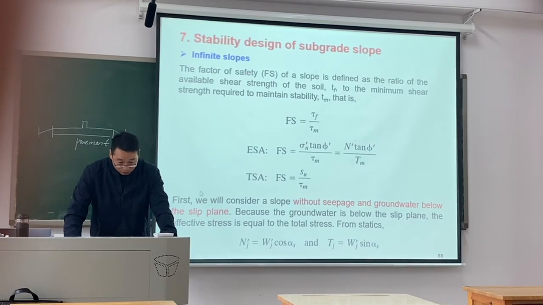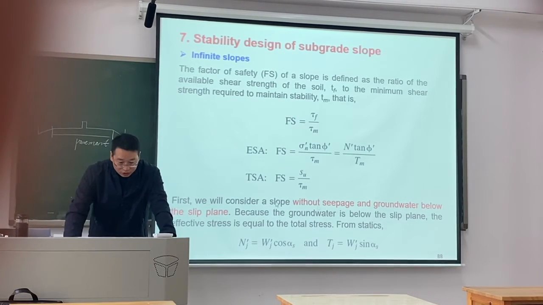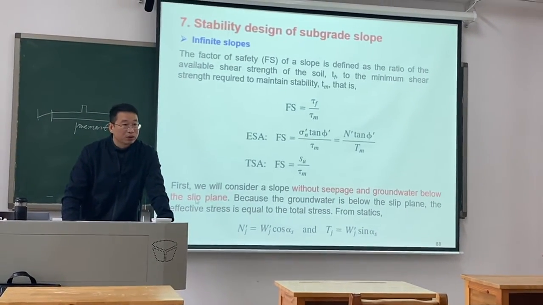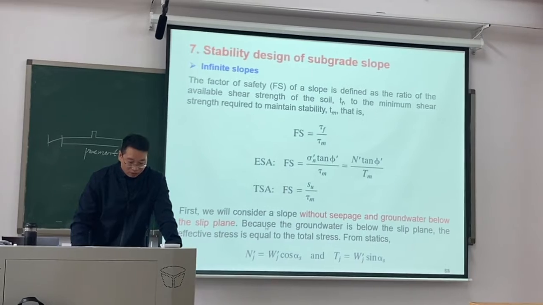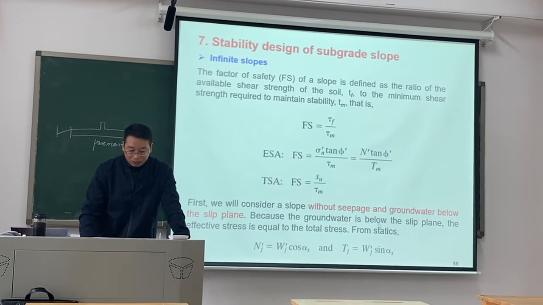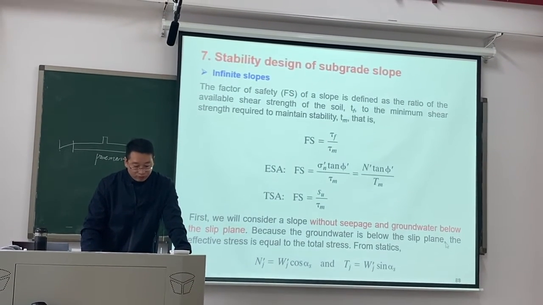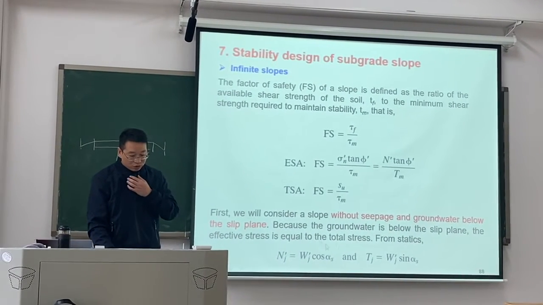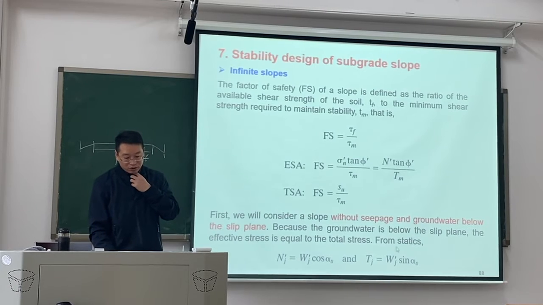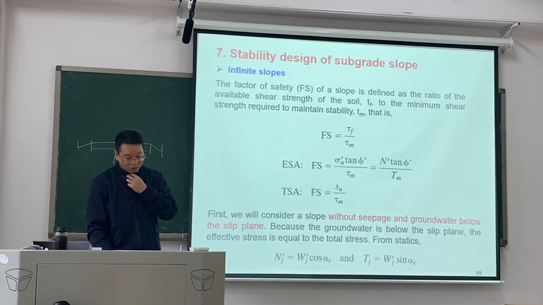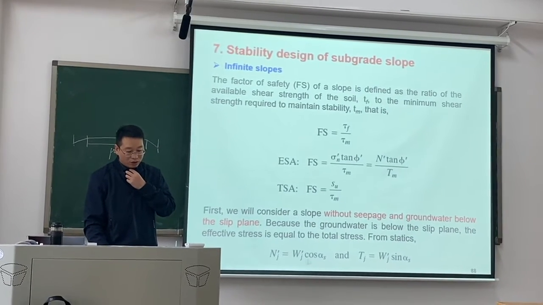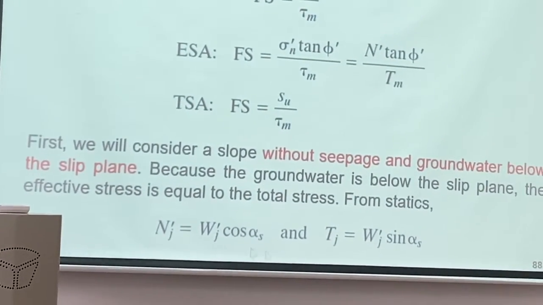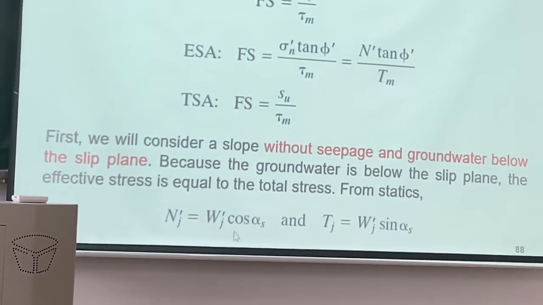So, firstly, we consider the slope without seepage and groundwater below the slip plane. Because the groundwater is below the slip plane, the effective strength is equal to the total strength. From statics, we can know that N and T use these formulas.